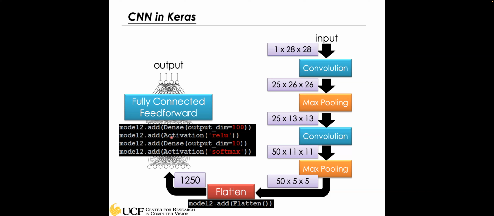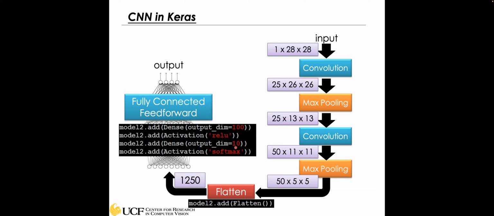So here I'm adding one fully connected layer that specifies 100 dimensions. That is, in this fully connected layer, I have 100 neurons, and also using ReLU activation. Then the output will be another dense layer. Here I'm doing digit classification, so I specify 10 classes.